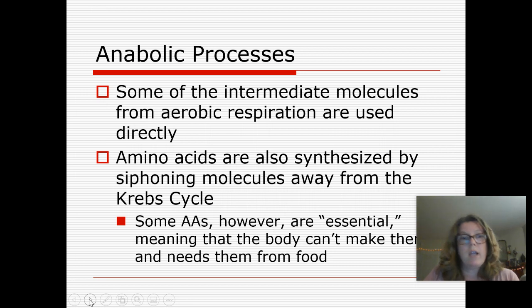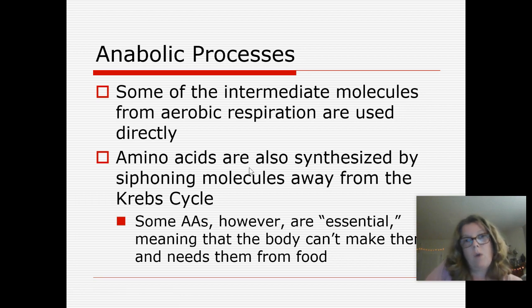The other thing is, as you might have guessed, some of the intermediate molecules that we create can actually be used for anabolism. In other words, we can actually siphon off some of the products of cellular respiration, some of the intermediates that we create, and use those to make other useful chemicals. Again, evolution doesn't create new processes.